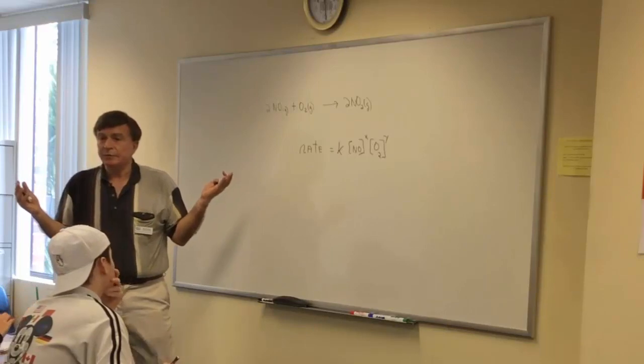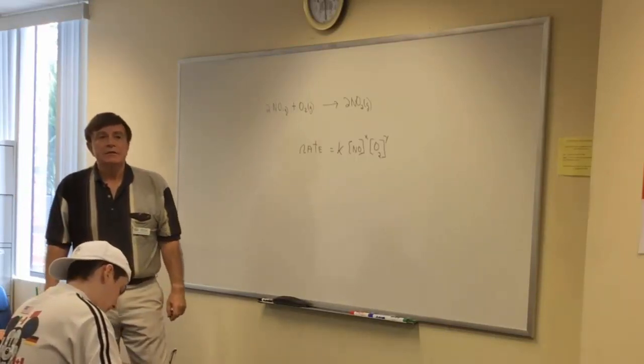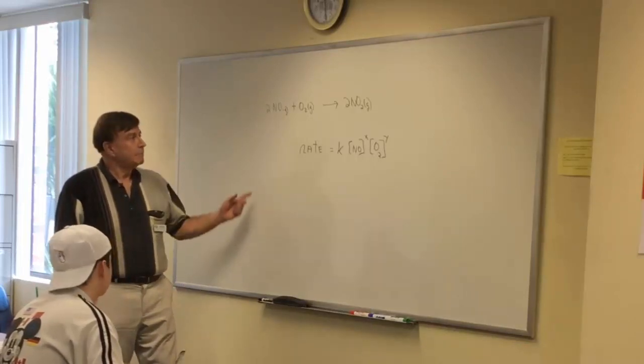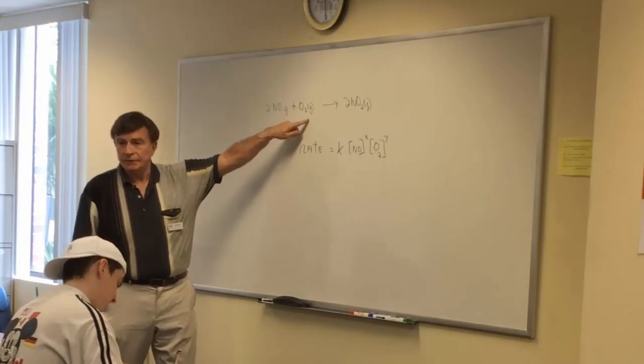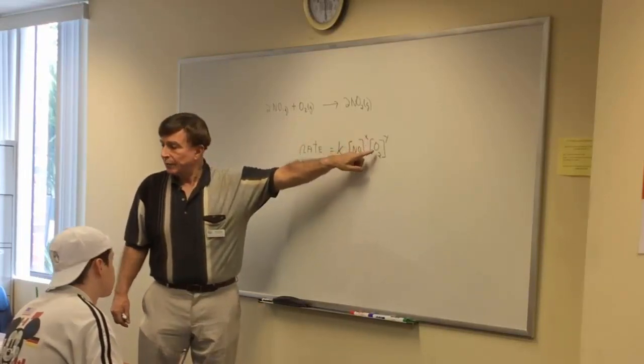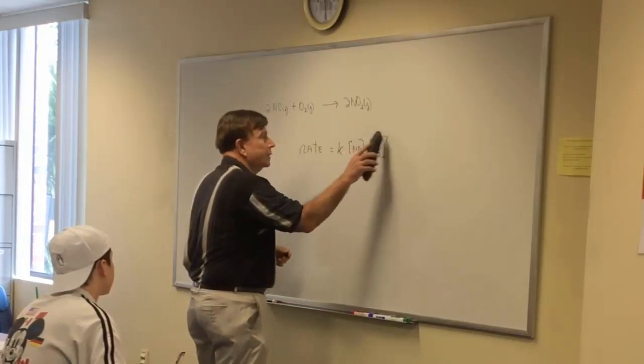Because I don't have anything specific. Now you go into the problem, and what does the problem say? It's found to be first order in each of the two reactants. These are the two reactants. First order means, everybody see 1 and 1? Okay, so we now replace this with a 1.